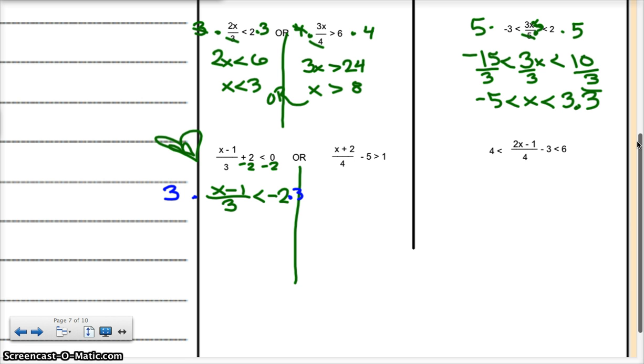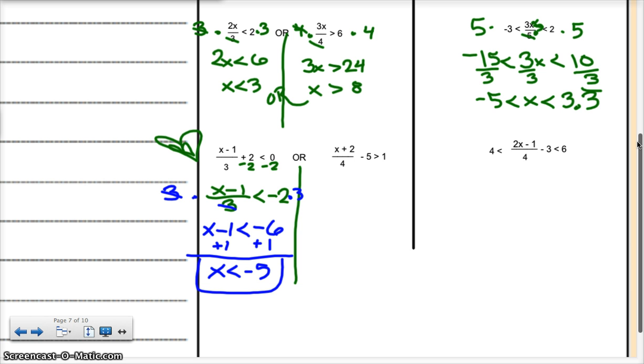It cancels the denominator out. x minus 1 is less than negative 6. Add 1. x is less than negative 5. That's one part of my OR.